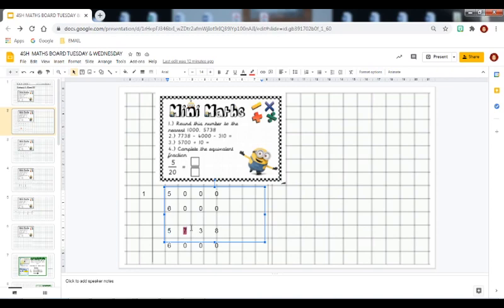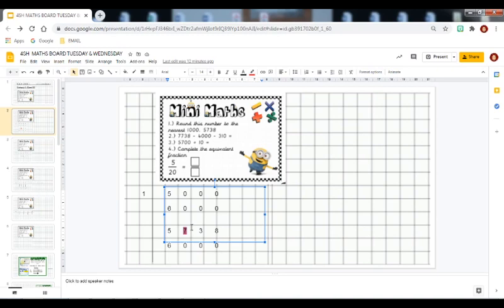You know that if that digit is a 1, 2, 3 or 4, it represents 100, 200, 300, 400, and those numbers would round down, so we would round it to 5,000.